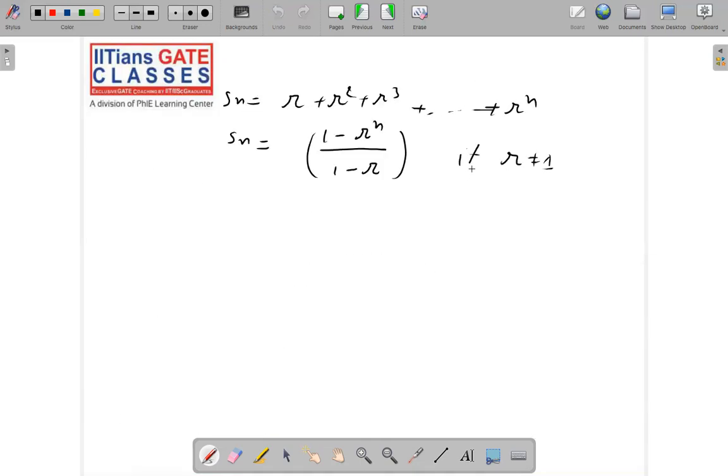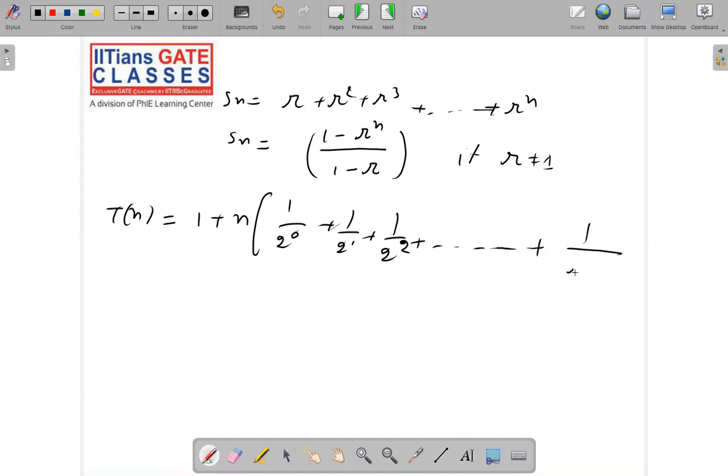So considering this here, let me write it again. Tn equal to 1 plus n times 1 upon 2 raised to power log n minus 1. Let me try to write it in reverse order: 1 upon 2 raised to power 0 plus 1 upon 2 raised to power 1 plus 1 upon 2 raised to power 2, up to log n minus 1 times.